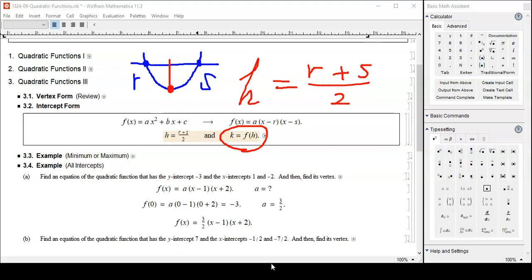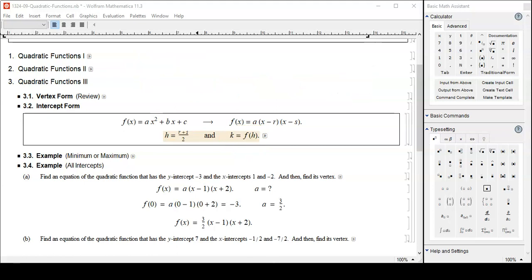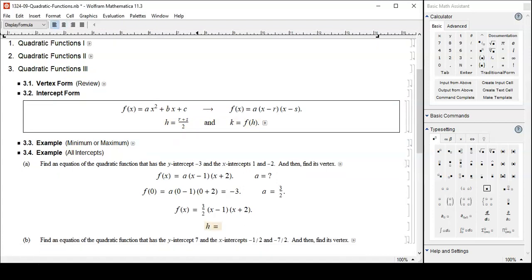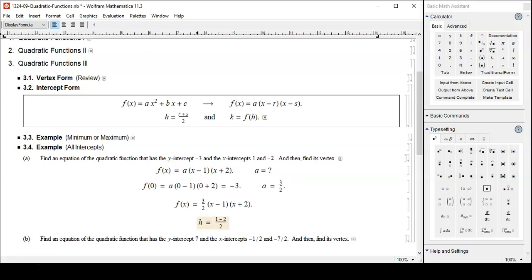Remember all that? Okay, so what is the h value? 1 plus -2 over 2. So that's -1/2. K value, on the other hand, is f of -1/2.